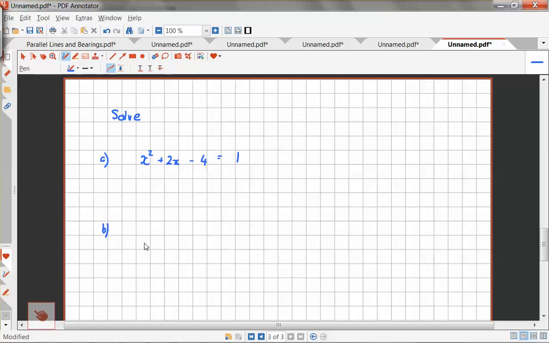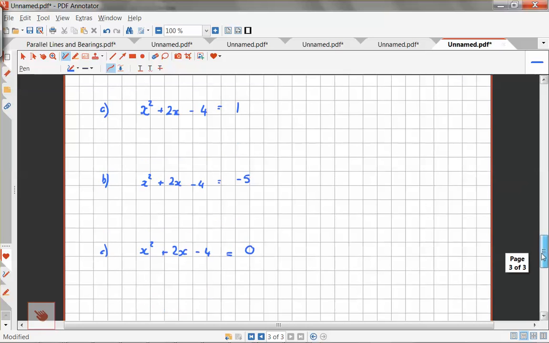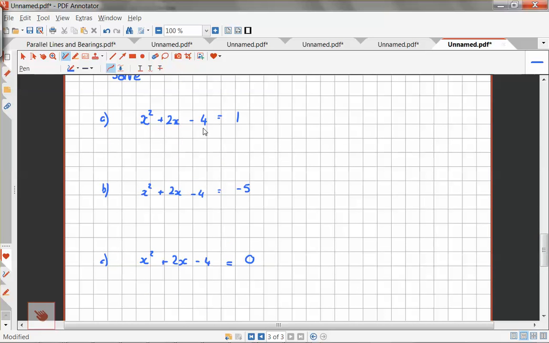I want you to solve x squared plus 2x minus 4 equals minus 5. And I want you to solve x squared plus 2x minus 4 equals 0. It's the same bit here each time, but it's going to be a different curve.